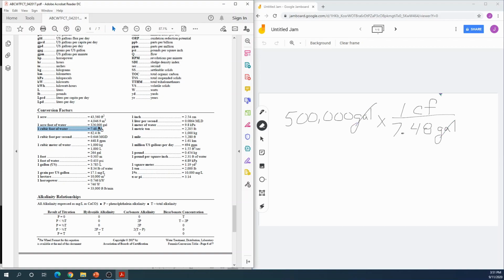That's going to leave us with the cubic feet. So 500,000 divided by 7.48 is going to equal 66,845 cubic feet. And again, jumping around, CF versus cubic feet or feet cubed, it's the same thing.